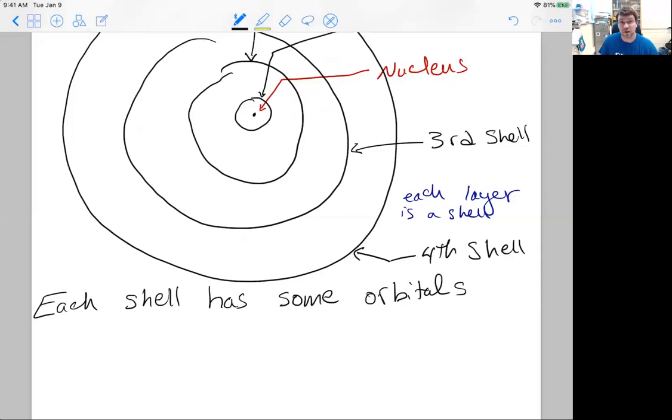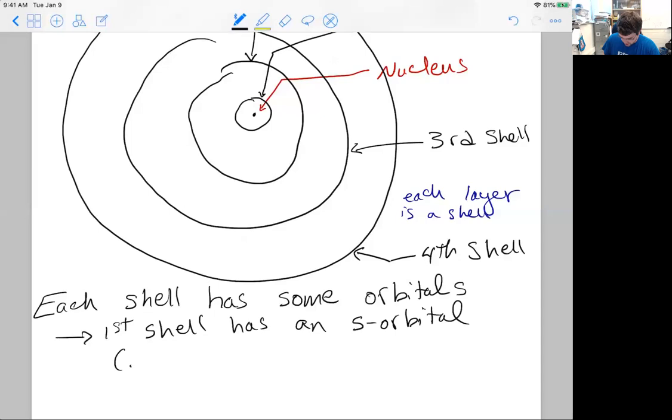And I should be careful about the use of the plural term orbitals, because if we look at this, the first shell only has an s orbital. So really, the first shell just has one orbital. Okay, so in the first shell, we just have one orbital. The other shells have more orbitals.